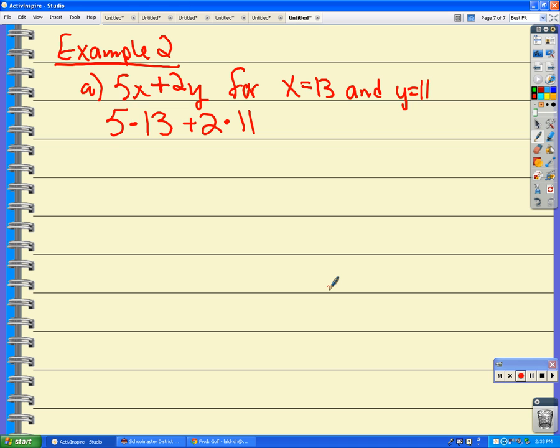Okay? So I do my multiplication first. 5 times 13 is, you can just say it, 65. 2 times 11 is 22. Add those together and you get 87 as the final answer. Okay?